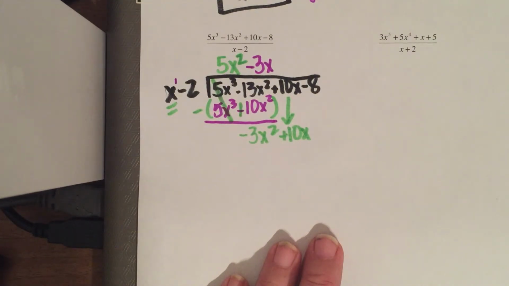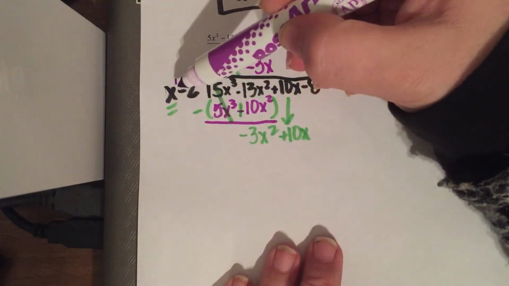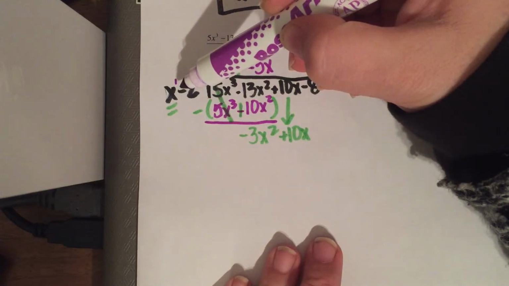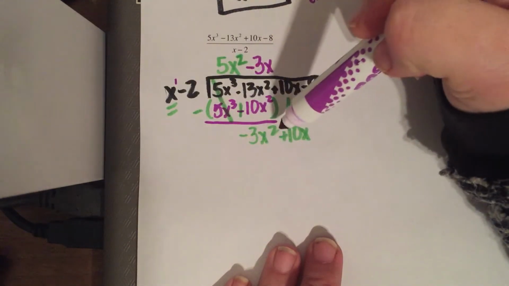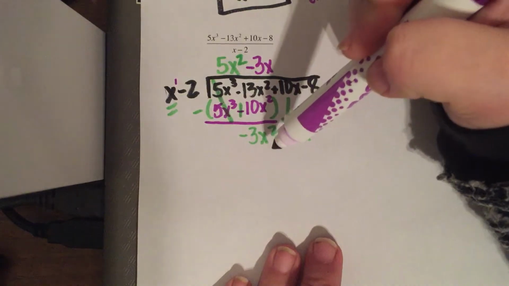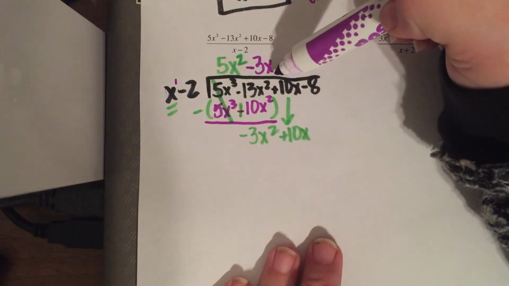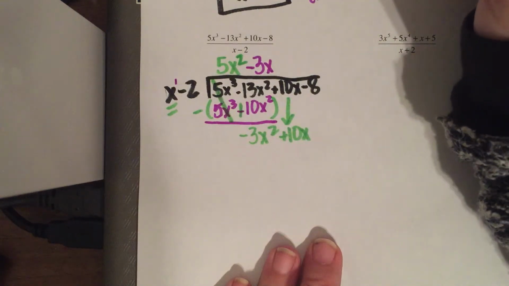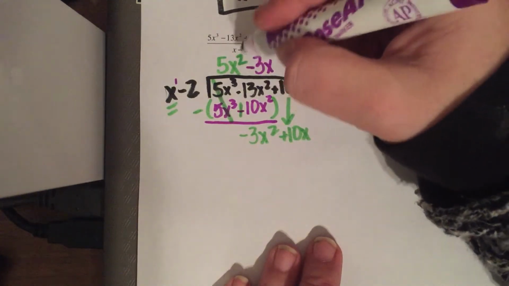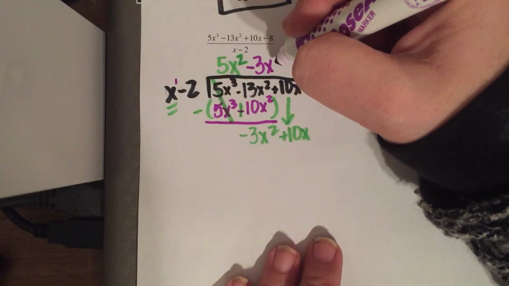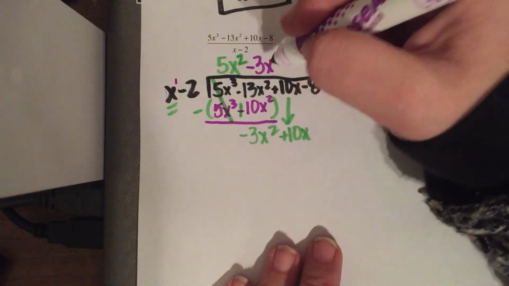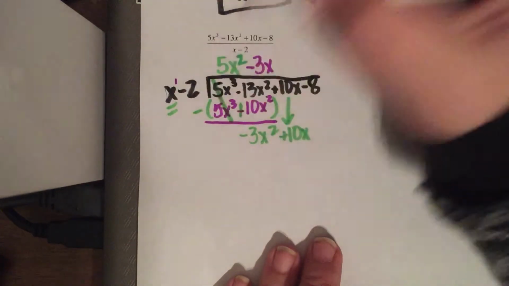Everybody see that? For me to turn my plain old x, my x to the 1, into negative 3x squared, I have to have me another x in there. That's why this one is negative 3x. Now, what do I need to do with my negative 3x? I got to multiply that negative 3x times both of these terms.